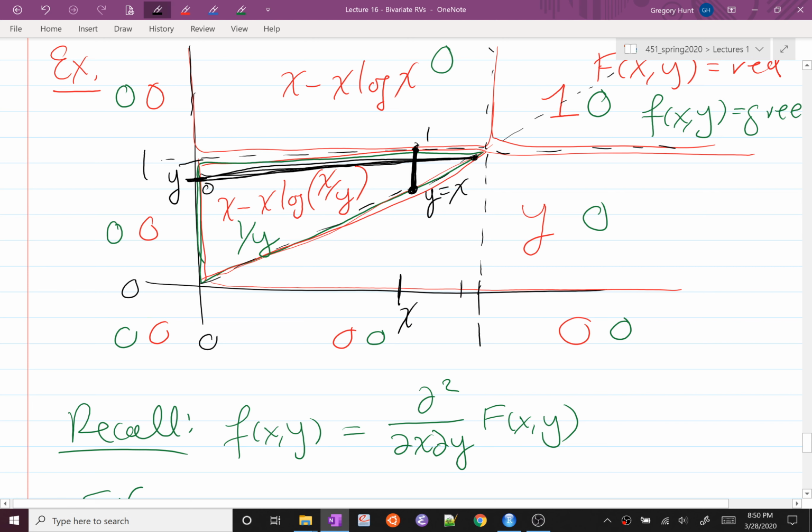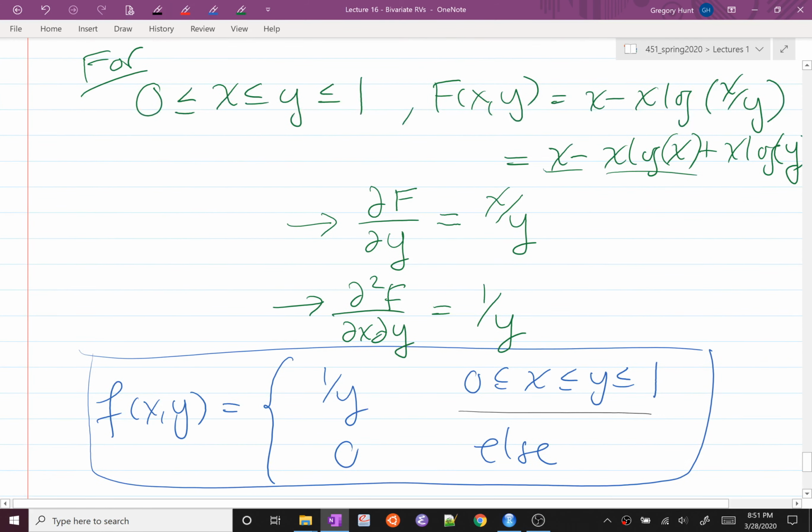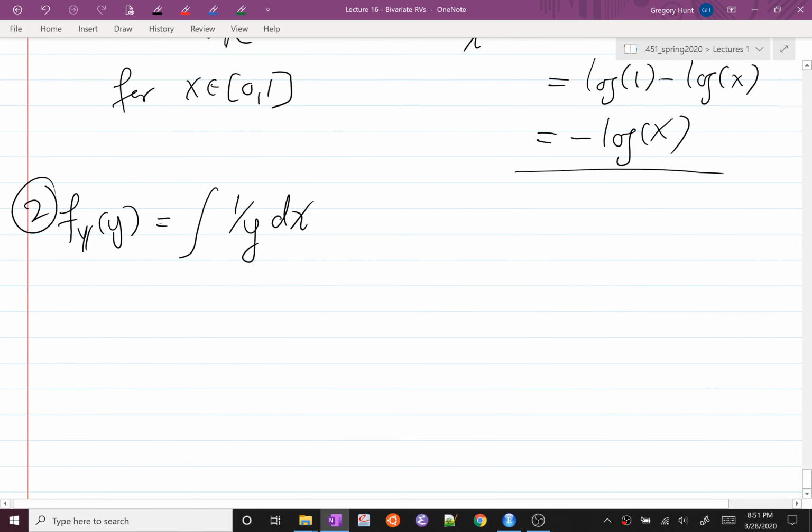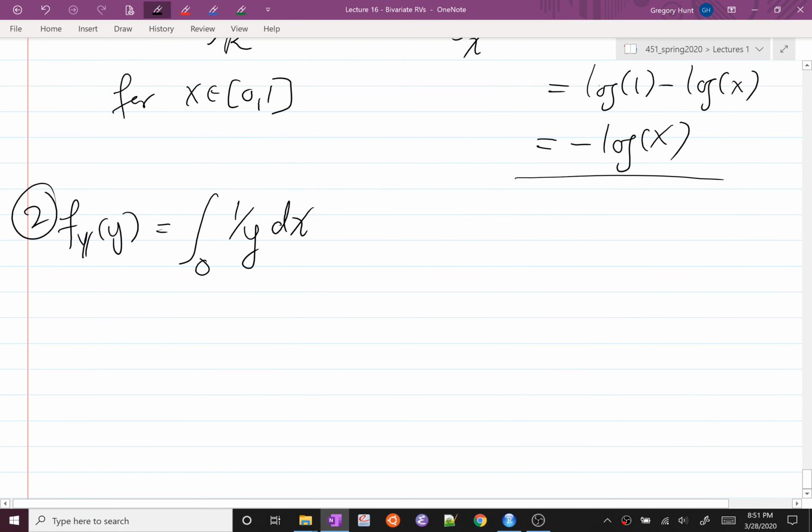It ends on this line where x is equal to y. So the boundary of my integration for this integral starts off at 0, and I go to y.